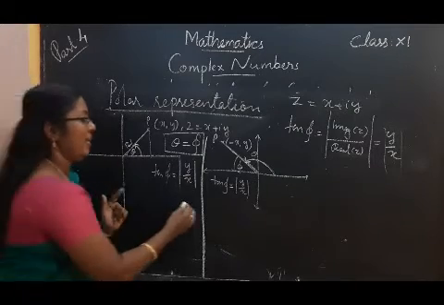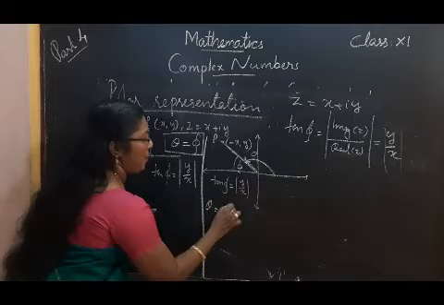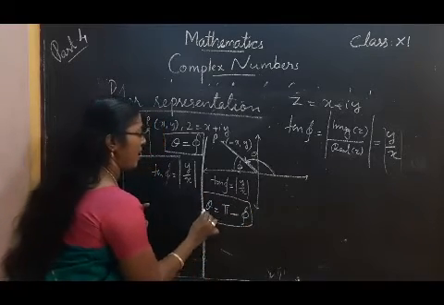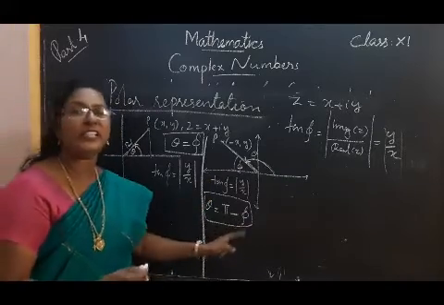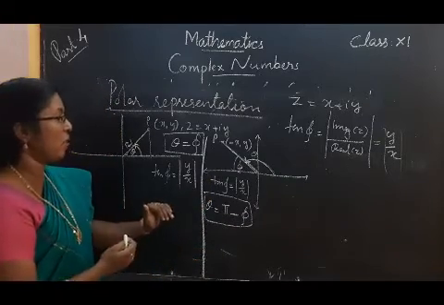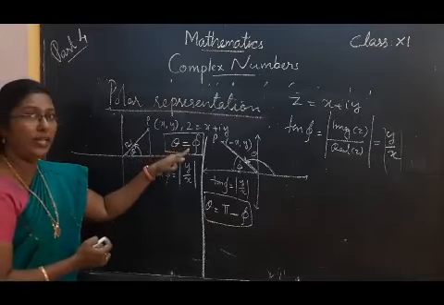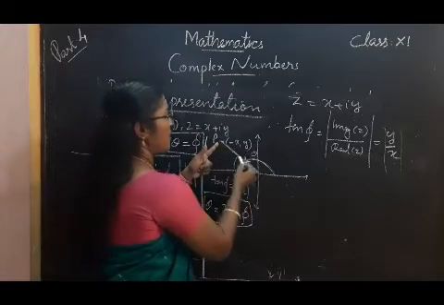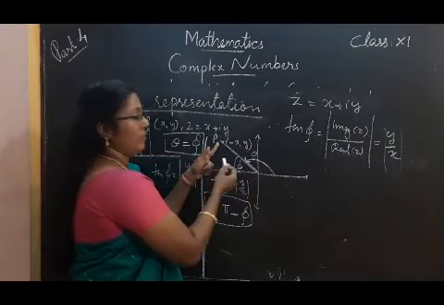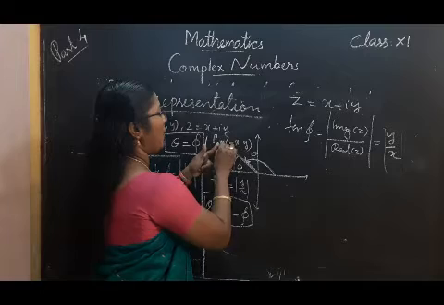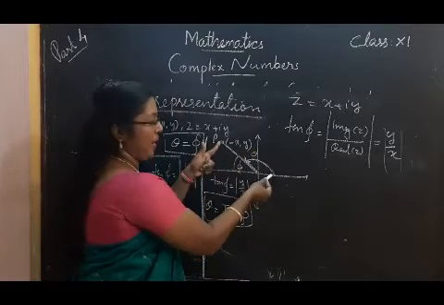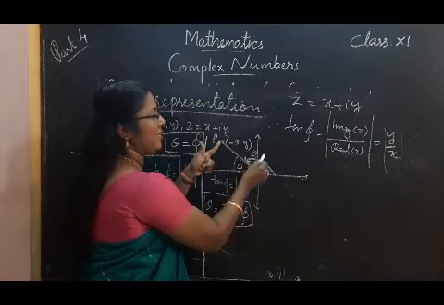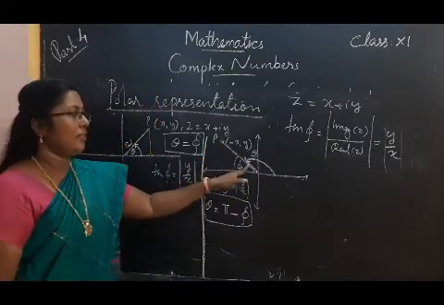Here theta equals pi minus phi. Take theta as pi minus phi. In the first quadrant, theta equals phi, both are the same. In the second quadrant, this complex number or point is minus x plus iy, and the angle theta this line makes with the x-axis is not acute.